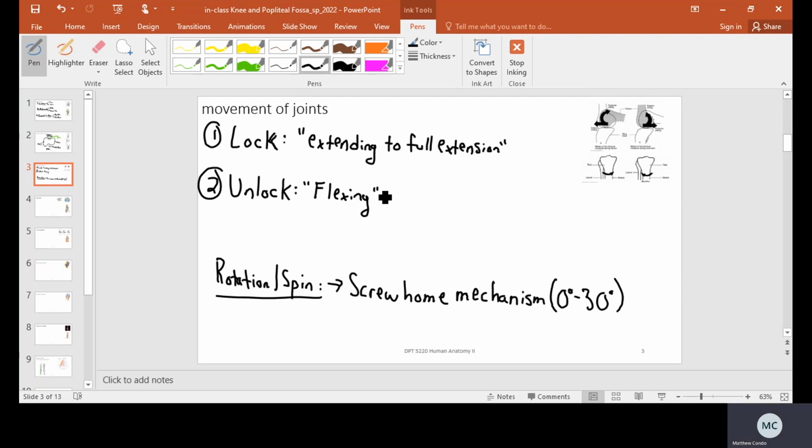So if that lateral tibial plateau is holding tight and my medial tibial plateau is sliding, what I will see with open chain flexion from 0 degrees to 30 degrees is medial tibial rotation. Okay? So lateral tibial rotation with extension, medial tibial rotation with flexion.